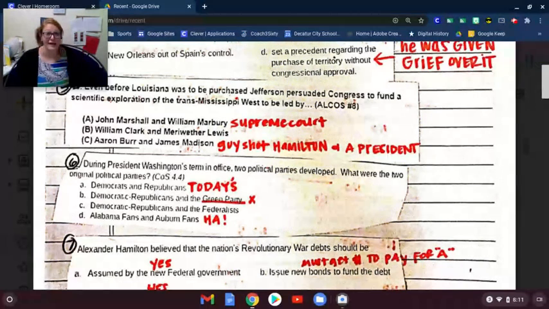No, they're trying to get you right there because you got to read the second part. C, Democratic Republicans and Federalists. I think that's right. Maybe. And then D, Alabama fans and Auburn fans. That isn't it. So what are you left with? C. Even if you don't know for sure if that's the answer, you still get the correct answer.